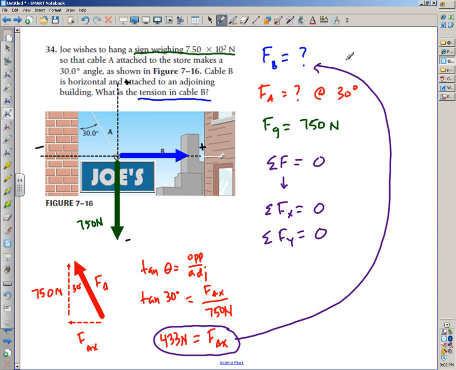So F of B, the tension in cable B, has to be equal to 433 newtons. No need for direction here because it's in the problem, but if we really wanted to be technical about it, we could say at 0 degrees because it's right along the positive x-axis.